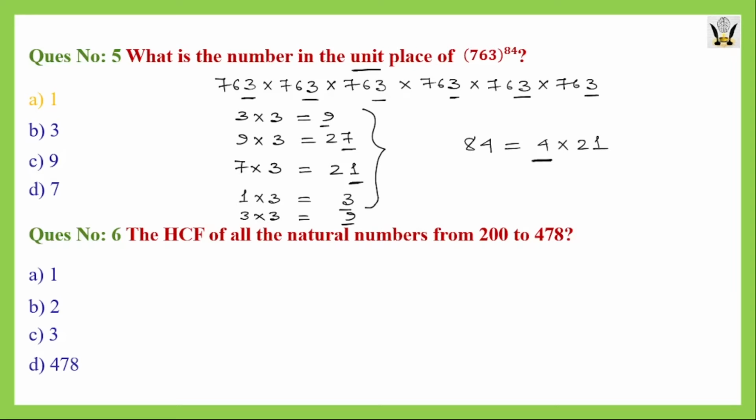Among those 279 numbers, some are even numbers which are composite, and some are odd numbers, and among those odd numbers some will be prime numbers, and those prime numbers will not be multiples of each other. So if we consider all these numbers from 200 to 478, other than 1 there will be no common factor. If the only common factor is 1, that will be the highest. So the answer is: the HCF, the highest common factor, is 1.